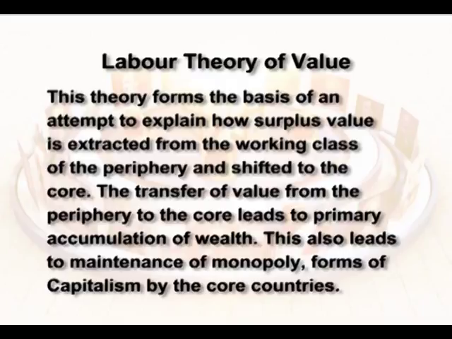The transfer of value from one region of the world to another region of the world capitalist economy leads to primary accumulation of wealth, and also leads to maintenance of monopoly forms of capitalism by the core countries. Now, it is a contradiction of the modern capitalist world.